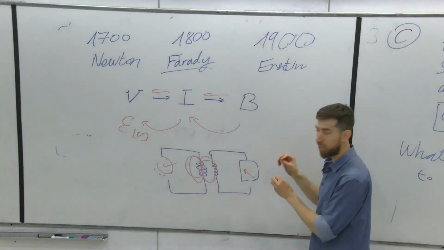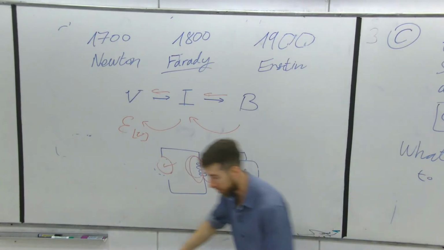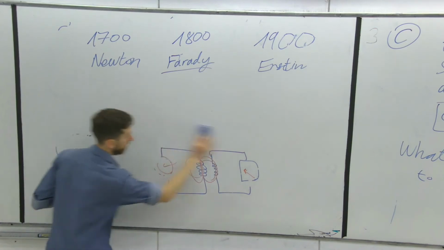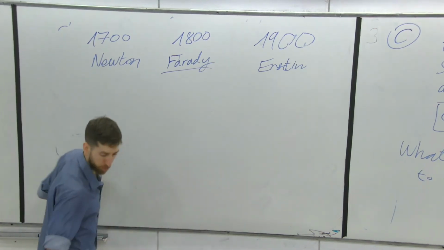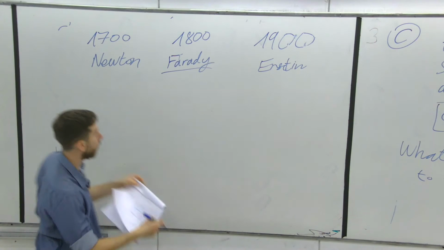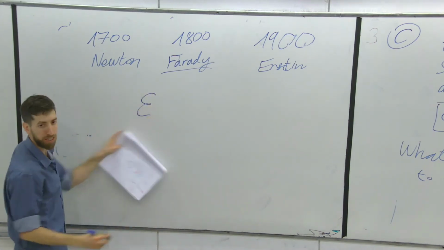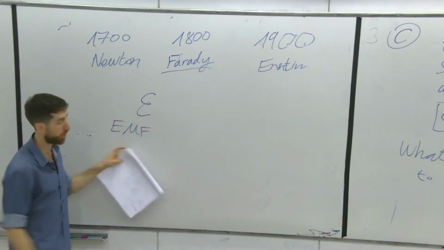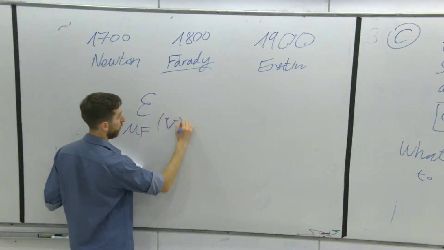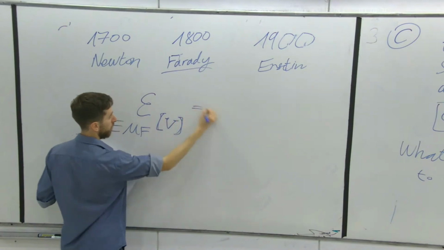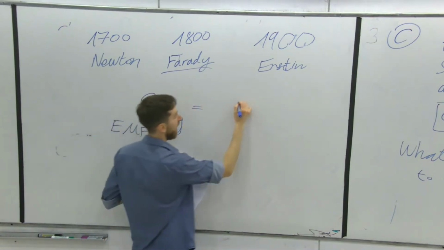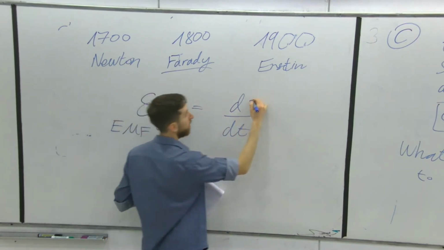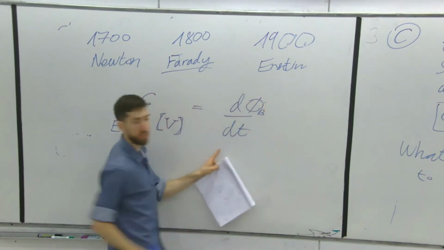So let's put into an equation what Faraday actually understood. Faraday saw this equation. If I want to produce a voltage, which is called EMF, electromotive force, with units of voltage, what I need is a change in time of the flux of the magnetic field.